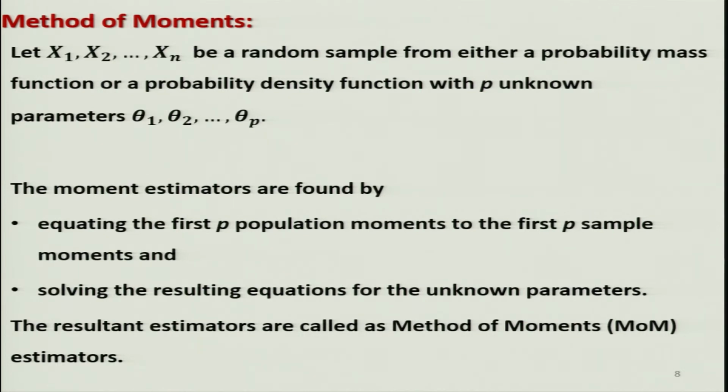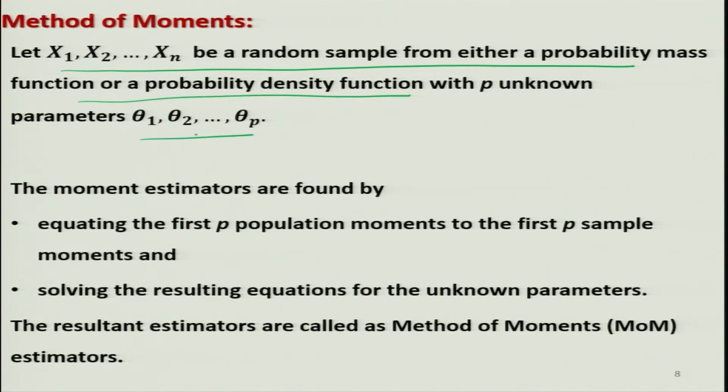So, formally I can say that let x1, x2, ..., xn be a random sample from a probability density function or from a probability mass function, whatever it is, and suppose there are p unknown parameters theta 1, theta 2, ..., theta p. In order to find the method of moments estimators, we equate the first p population moments to the first p sample moments, and then we solve those equations.